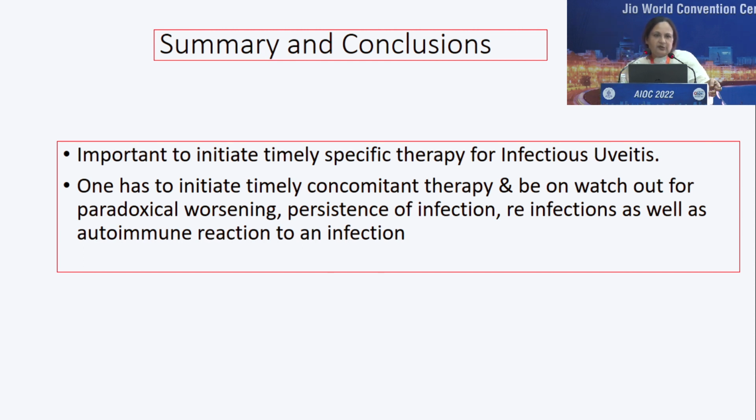This is not how it is going to work. There will be lots of issues which come up when you start the patient on anti-infective therapy, and many a time you will have to intervene with local or systemic steroids, immunosuppression, and so on. So that will all become a very important part of your day-to-day management.